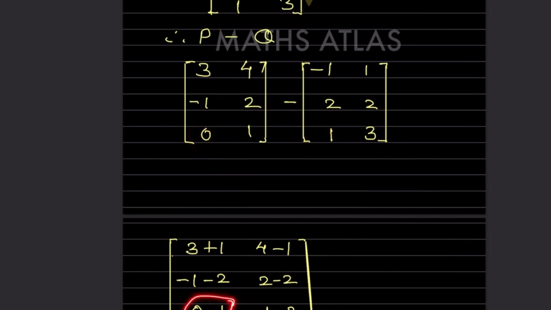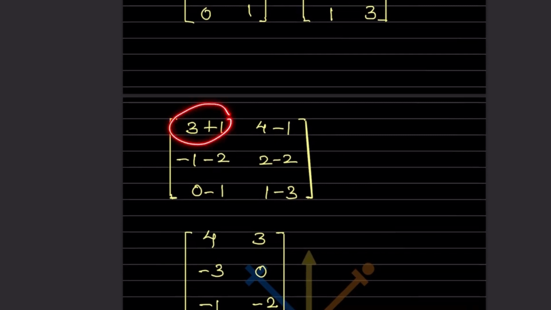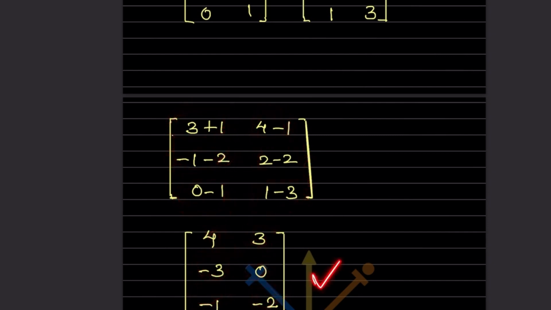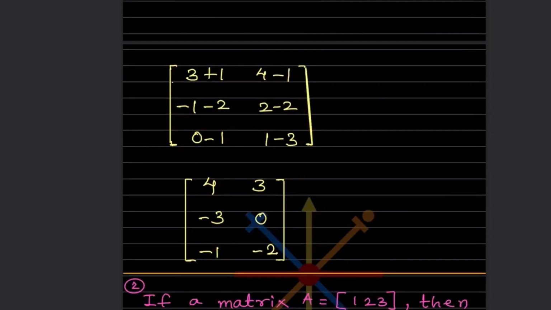Then 4, minus 1. 2, minus 2. And here will be 1 minus 3. So 3 plus 1 will be 4, minus 3, minus 1, 3, 0, and this is going to be minus 2. So this is the answer for P minus Q.